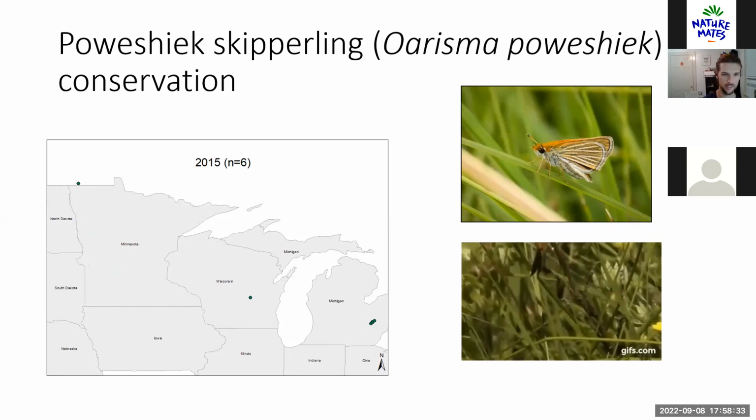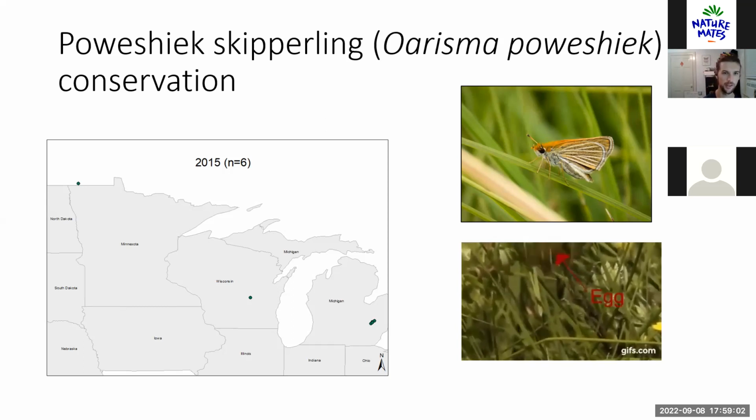A lot is just unknown about this species, including its preferred host plants. So we were in the field looking at what host plants the species was laying its eggs on. We were looking at preferred nectar hosts, the actual seasonal timing of its flight period. And then we tried to use historical records to piece together potential drivers of decline.